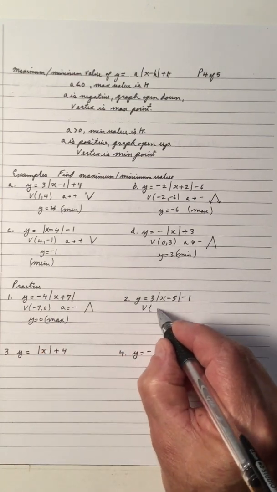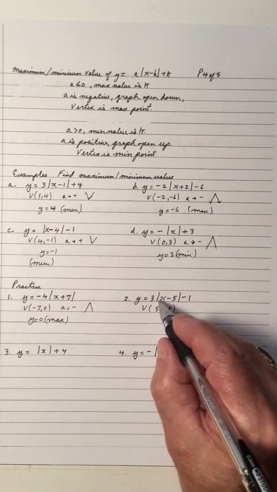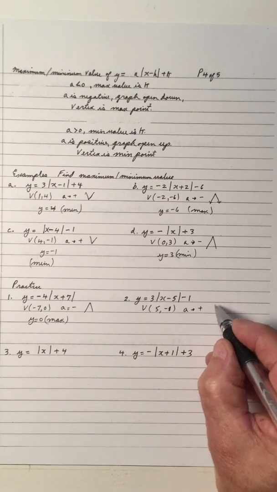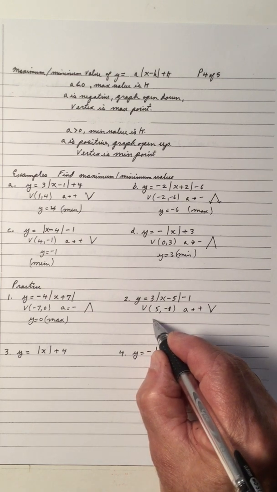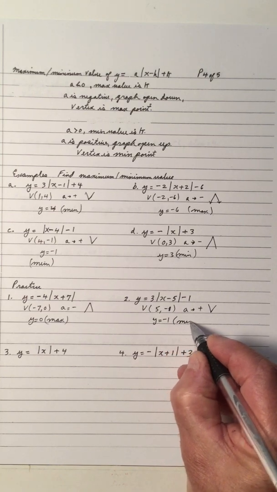The vertex is (5, -1), and a is positive. That means it opens up, so y equals -1 is the minimum value.